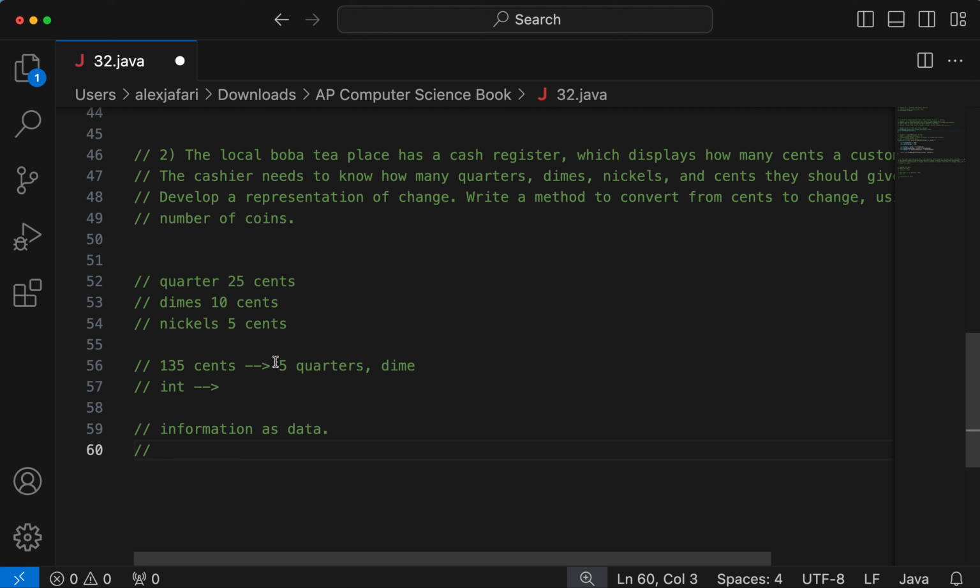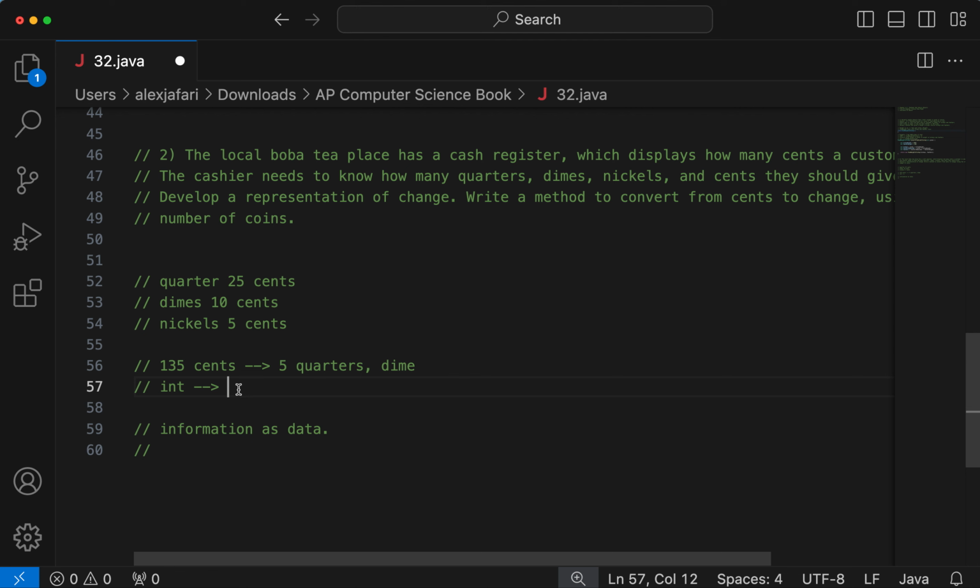I'm saying if you're telling me 5 quarters and a dime, how do you represent this? What is the data that you're getting? Are we going to write that as letters? Here you wrote 5 quarters, and quarters is with letters.